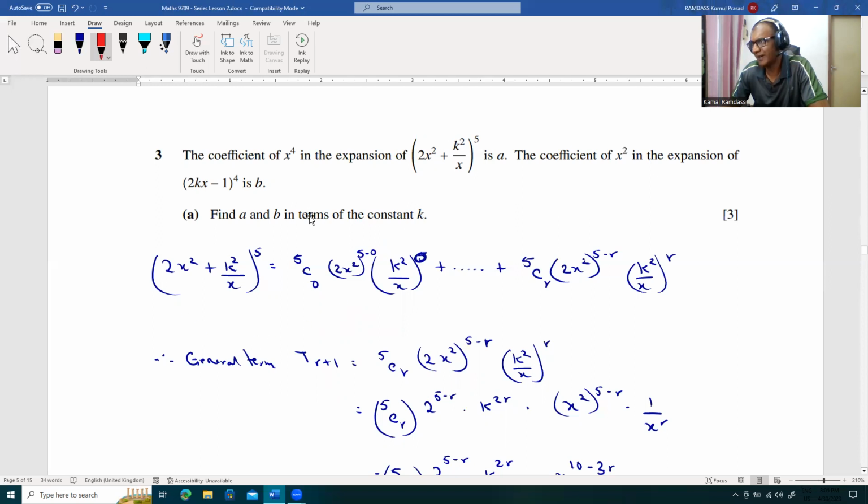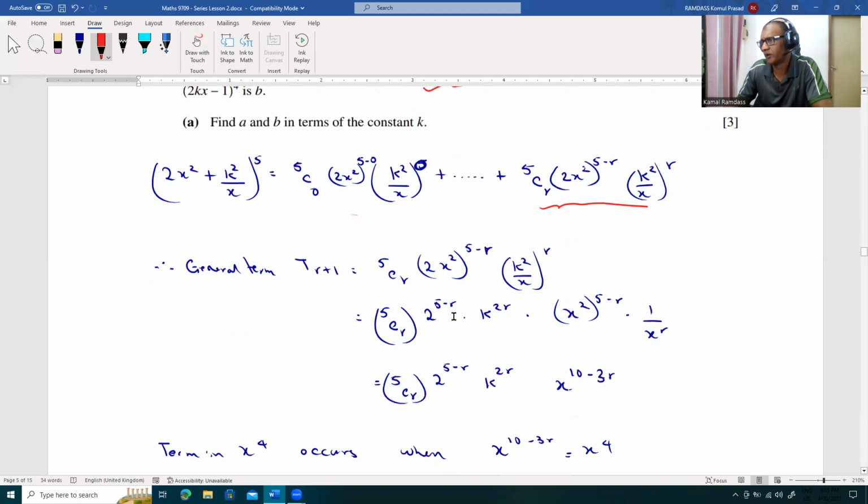Okay, we expand this form. This is the r plus 1 term: 5Cr (2x squared) raised to the power of 5 minus r, multiplied by (k squared over x) raised to the power of r. We want the coefficient of x to the 4. We take the r plus 1 term and separate the terms in an expression in x.